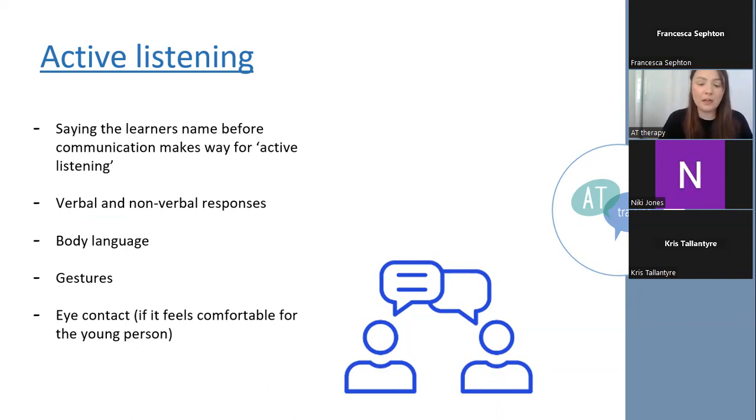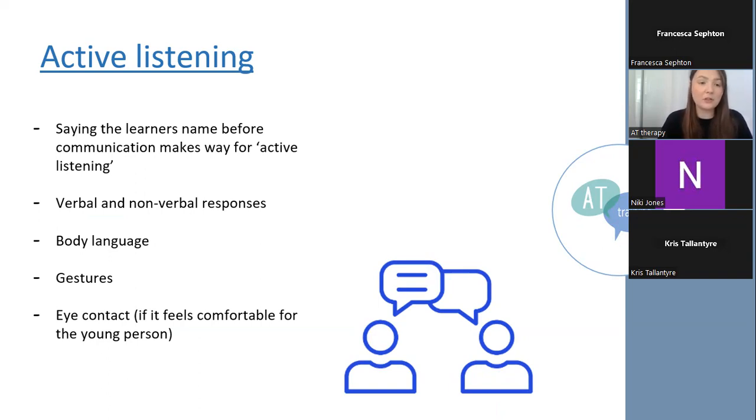So we need to look out for non-verbal responses, such as body language and gestures. We need to pay attention to the learners' unique communication styles and their subtle signs. You're going to know your learners a lot better, and you'll know how they act, and their body language and their movements and how they're feeling through them.